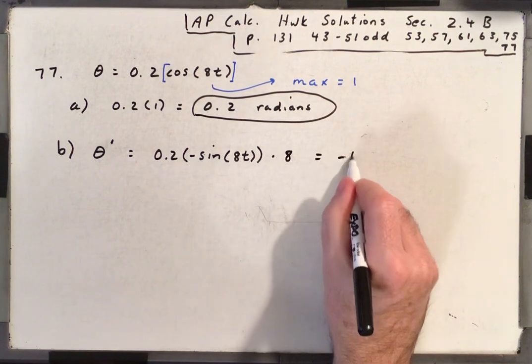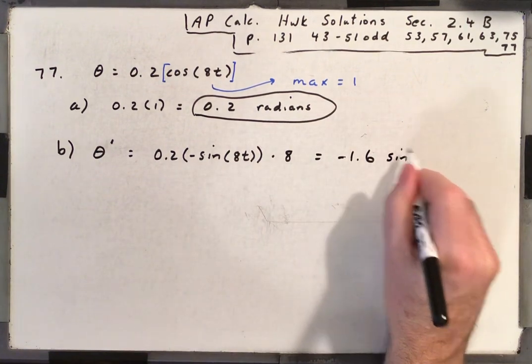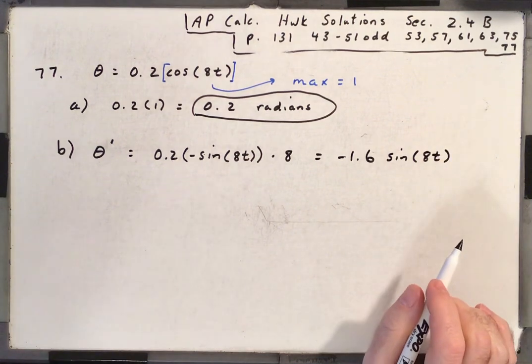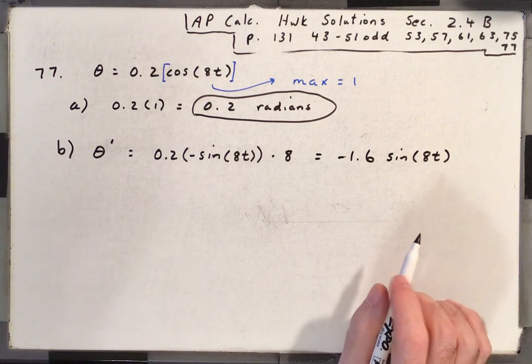So it's going to be minus 1.6, 8 times 0.2, minus 1.6 sine 8t. The question is the rate of change when t equals 3 seconds.